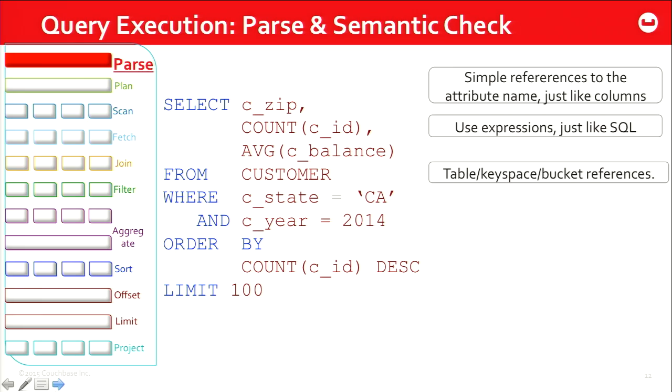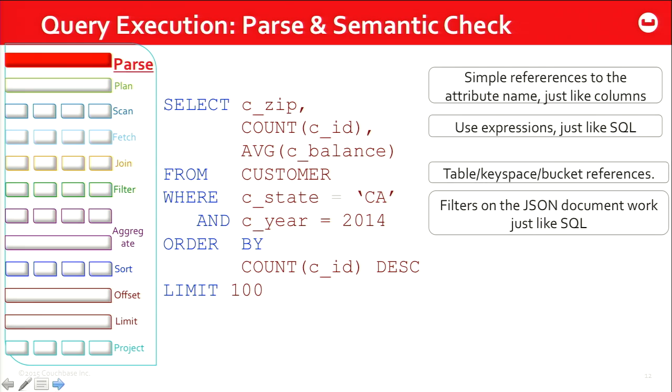When you want to join, you can have multiple bucket references. You can join the same bucket to itself as long as you have the primary key, foreign key relationships set up, or you don't explicitly set up the relationship, but you set up the keys in such a way that you reference the document key within the document that you're referencing.